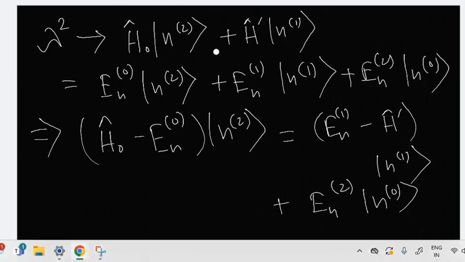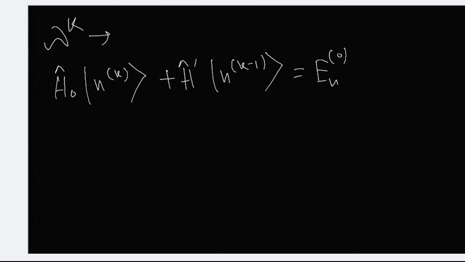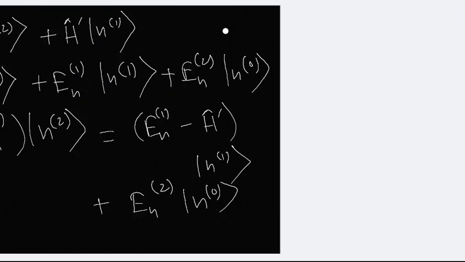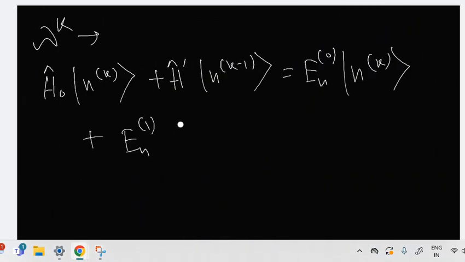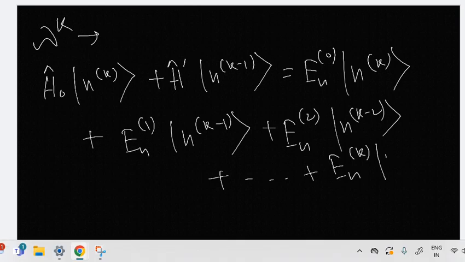Comparing those two, equals E n naught of nk, then the term should be E n1 of n k minus 1, then the next term should be E n2 of n k minus 2, and it will end up at E nk of n0.